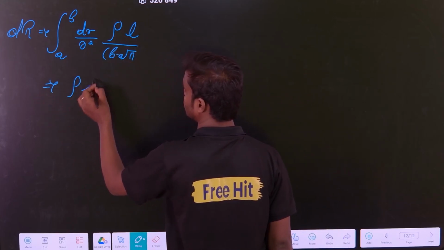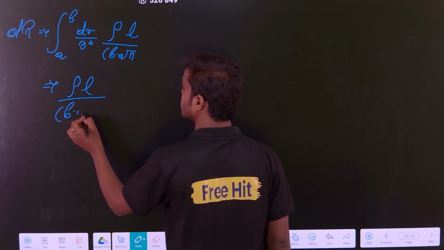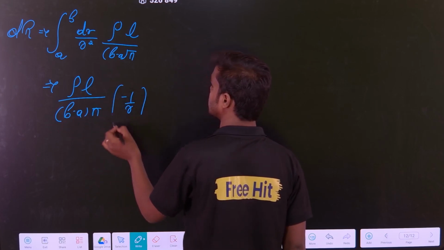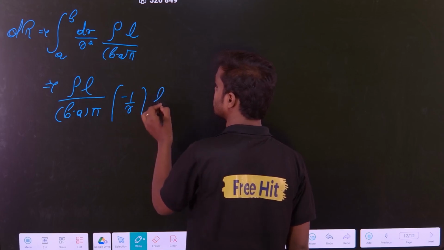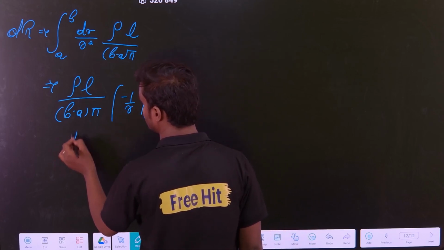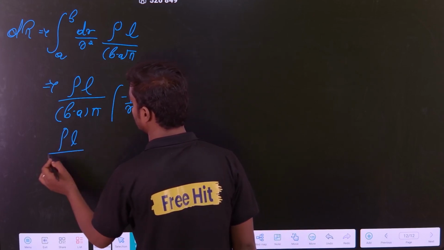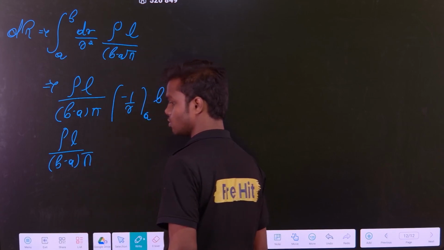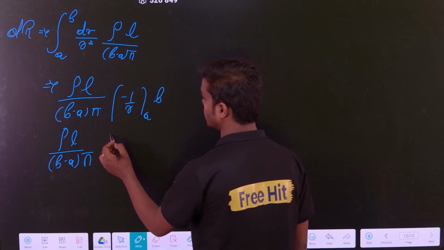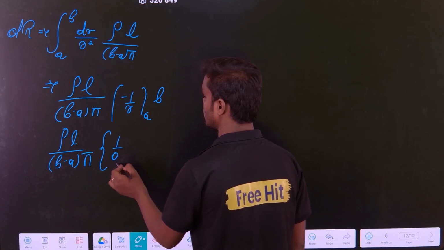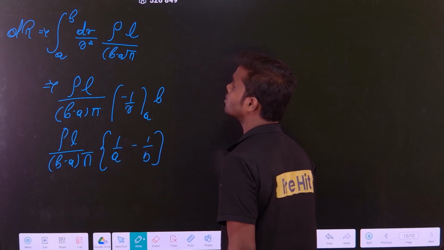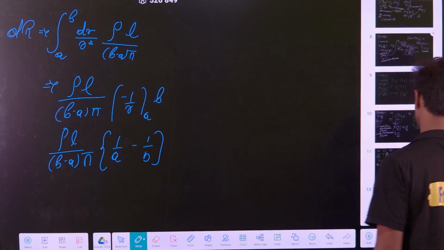What will you get? Rho L upon (b minus a) into pi. The integration of this is minus 1 upon r. You have to put the limit a to b, upper limit minus lower limit. What will you get? You get 1 by a minus 1 by b. Is it correct or not?